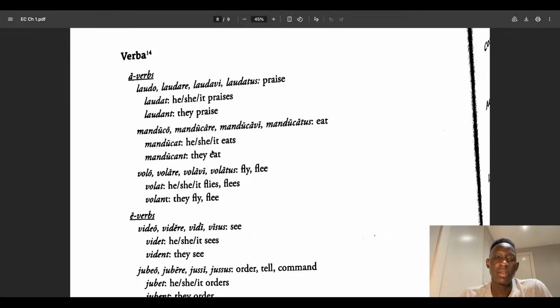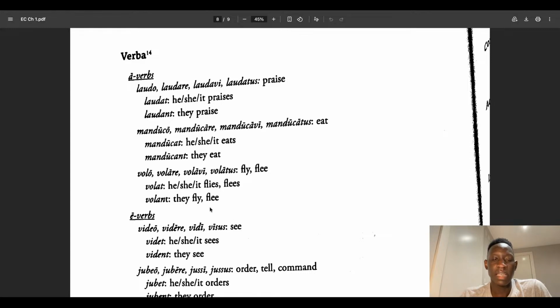Manducat, he or she or it eats. Consumit, consumes. It also means eat, but perhaps there's some difference I'm not clear on yet. Manducant, they eat. Volo, volare, volavi, volatus, fly, flee. Volat, he or she or it flies, flees.